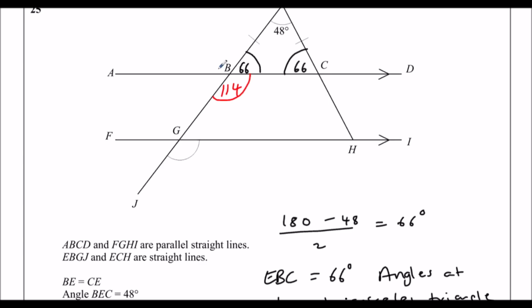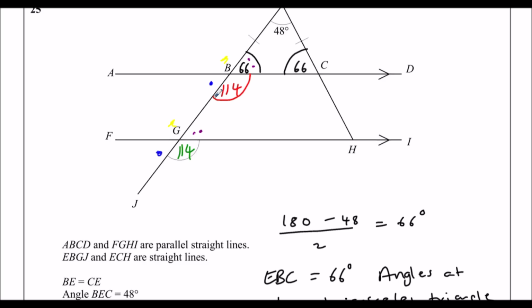And then we can say we've got corresponding angles. When we've got parallel lines going through a straight line, they make the same angles. So these two angles are corresponding. These two angles are corresponding. And these two angles are corresponding.